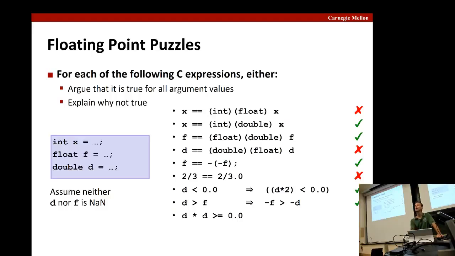If I square a number, it's non-negative. Or sorry, if I square a number, it's always non-negative. I guess that's what that's asking. Somebody tell me why? Could be not a number. Well, okay, so we're assuming here, sorry, I should point that out. Assume in these examples that D is not a NaN.